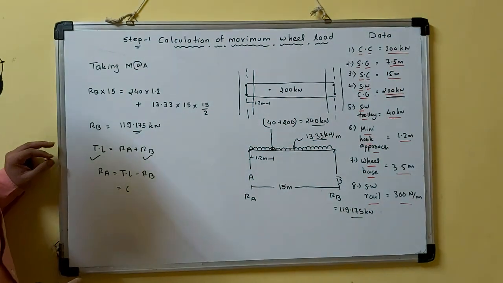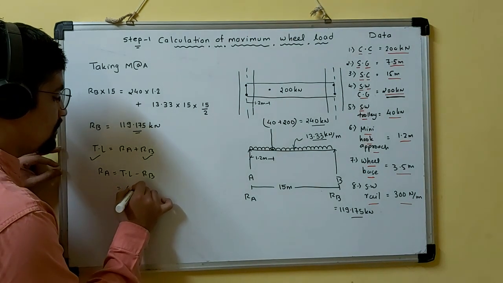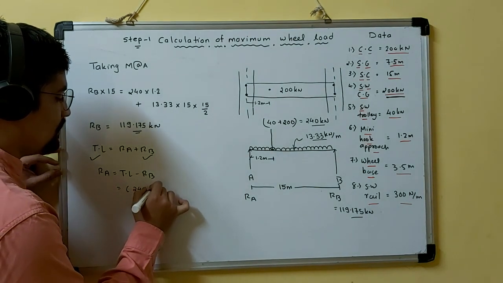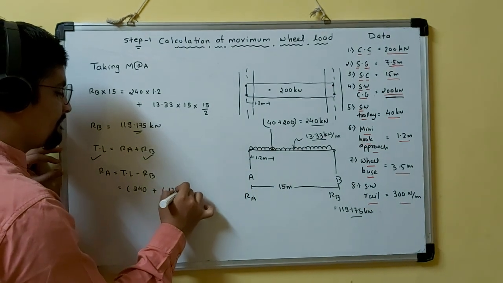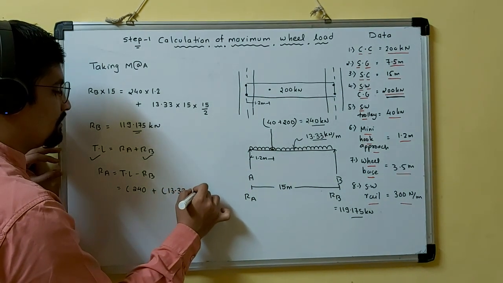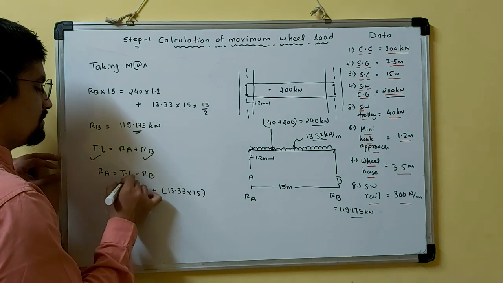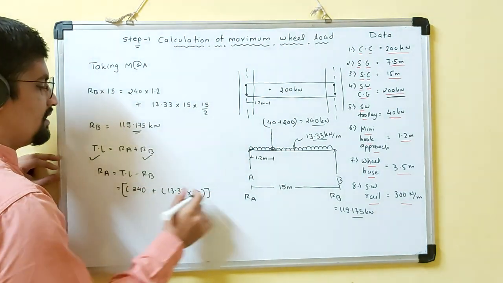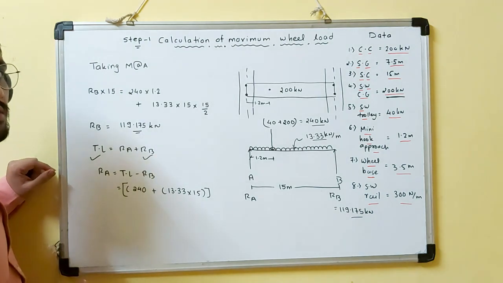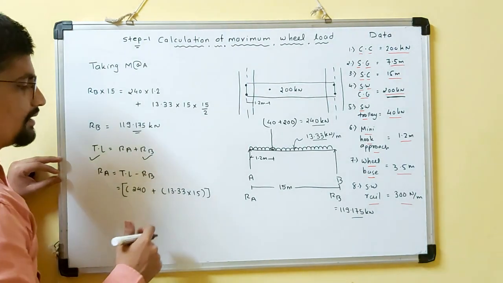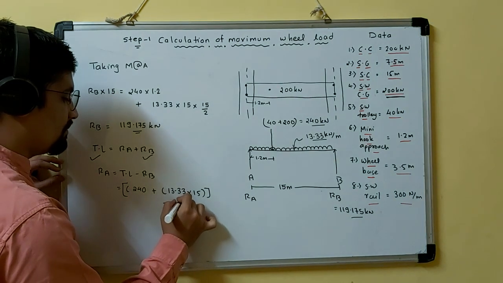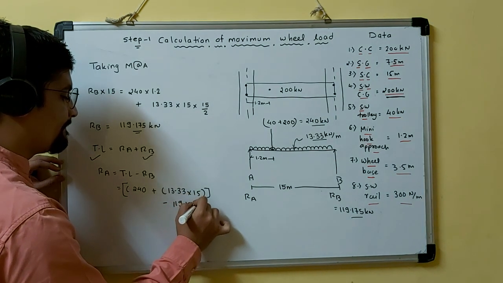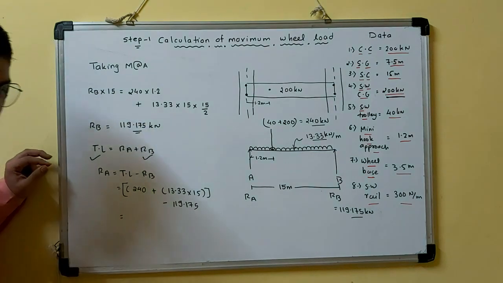Total load is always considered as the vertical loads. So first one is 240 plus 13.33 into 15. This is our total load. In calculating the total load, the center of gravity is not considered. Minus RB. What is the value of RB? 119.175. So what will be the value of RA?